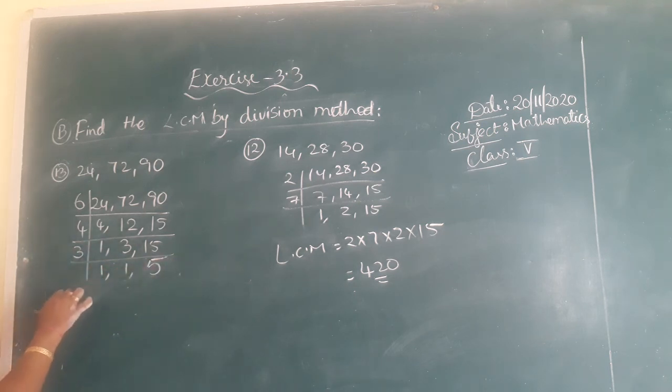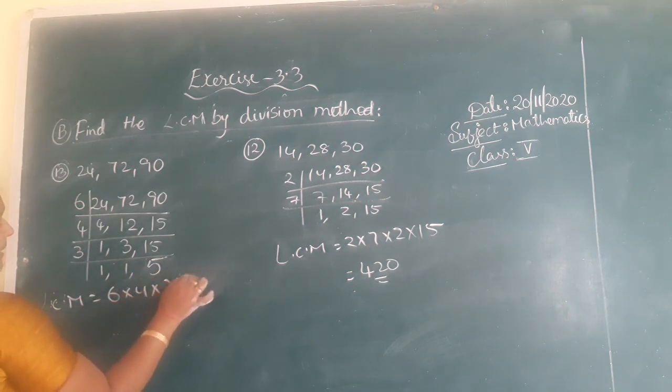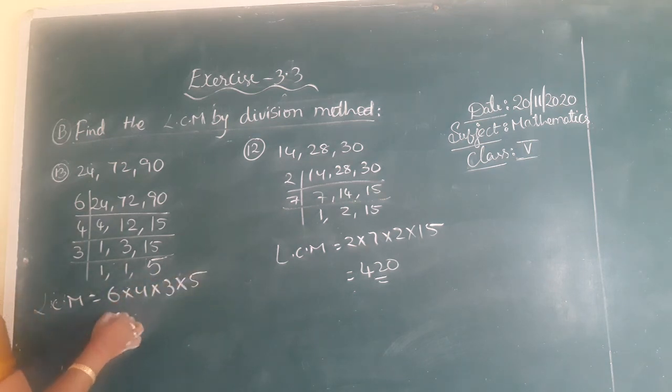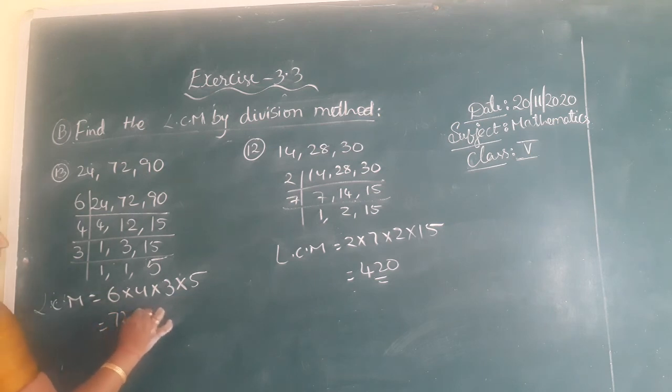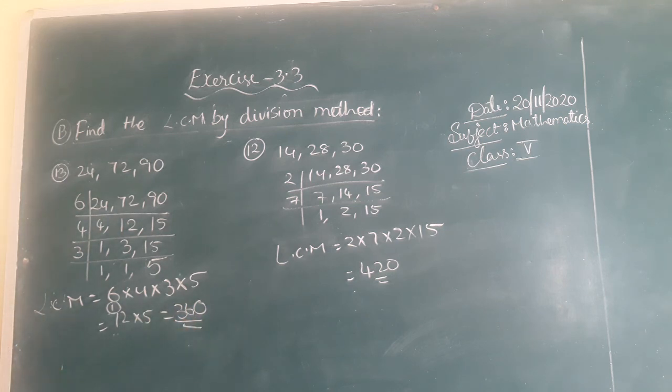So LCM equals 6 into 4 into 3 into 5. 72 5s, 5 2s 10, 5 7s 35 plus 1, 36. 360 is the right answer.